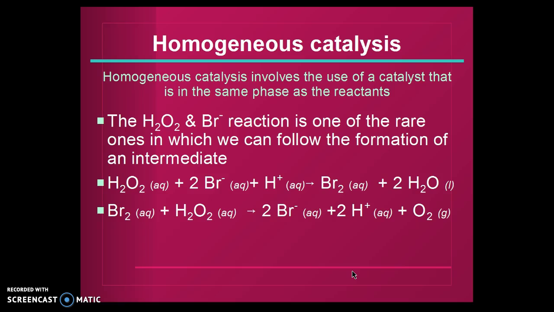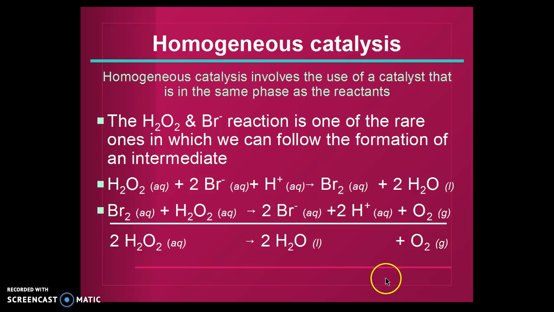The bromine then reacts with additional hydrogen peroxide to recover the 2 bromide moles and some hydrogen ions, and the oxygen gas is produced. Overall, the bromide and bromine disappear and we're left with the initial reaction. The bromide then participated but is not permanently changed.